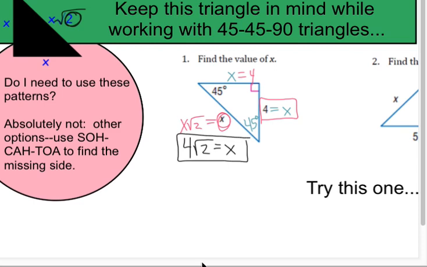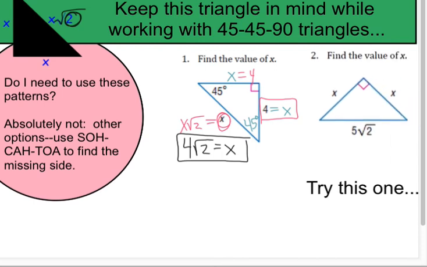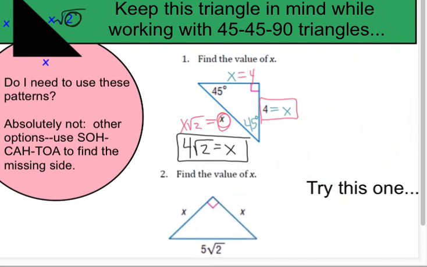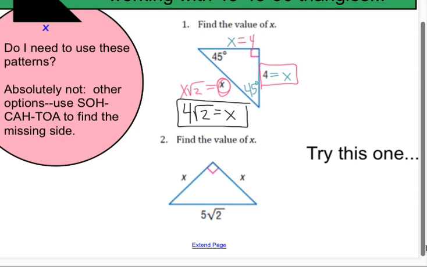If I look at number 2, I want to find the value of x again. This time, I know that this is equal to x, and this is equal to x, and my hypotenuse is x square root of 2. So what I need to do is solve for x.